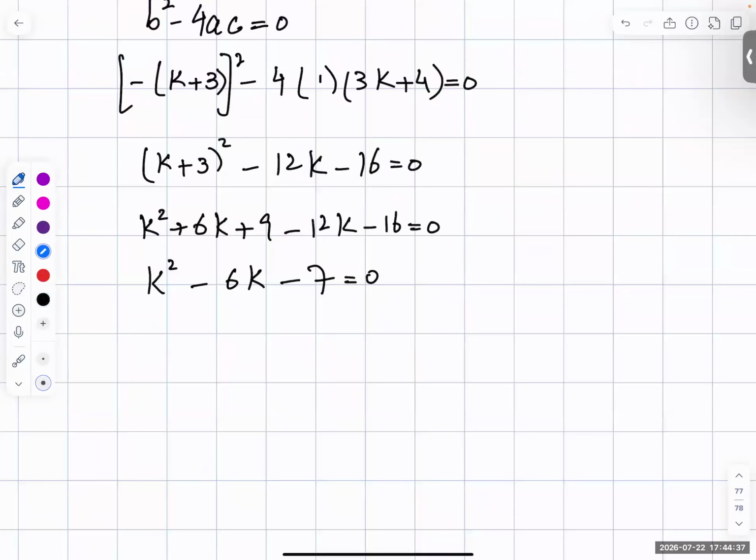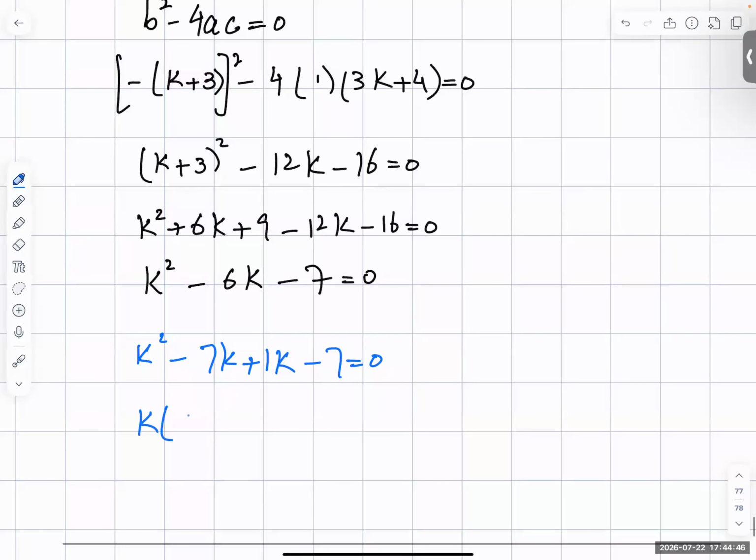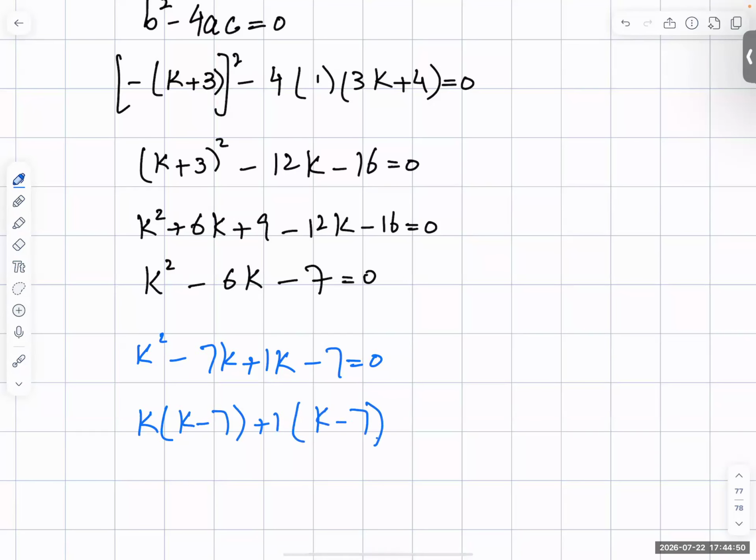Now we solve them. We use middle term breaking, I guess. K square minus 7k plus 1k minus 7 is equal to 0. So that is going to be k minus 7 plus 1, k minus 7 is equal to 0. So k minus 7 is equal to 0 and k plus 1 equals to 0.